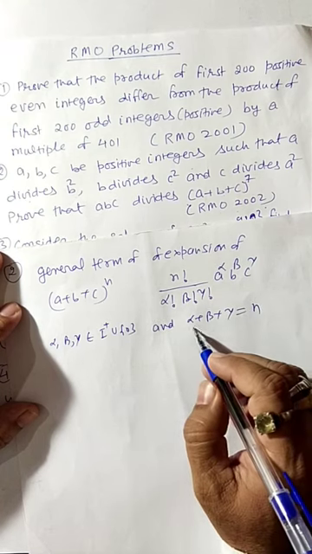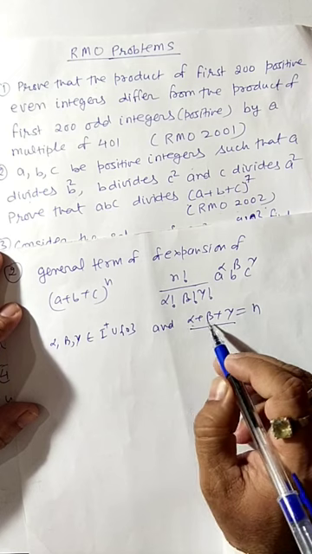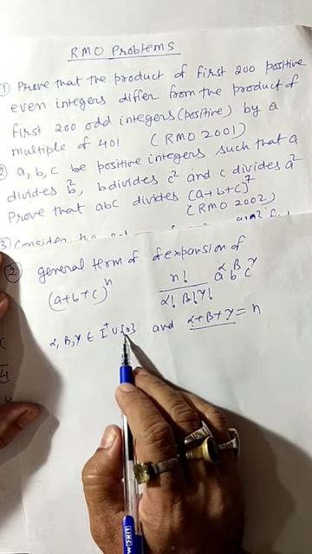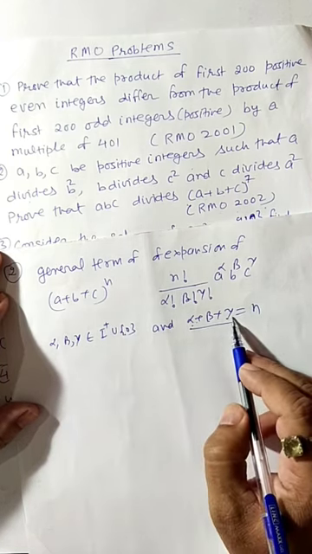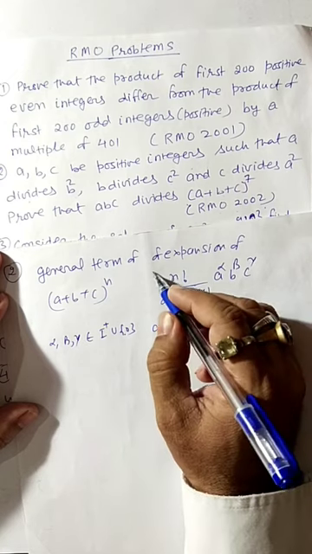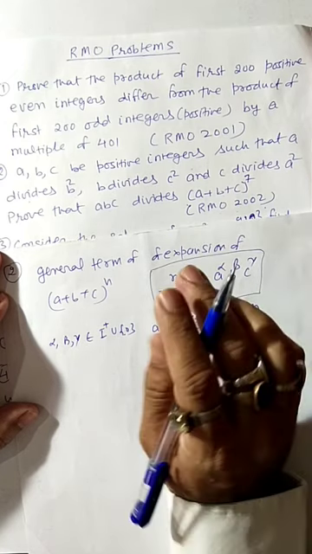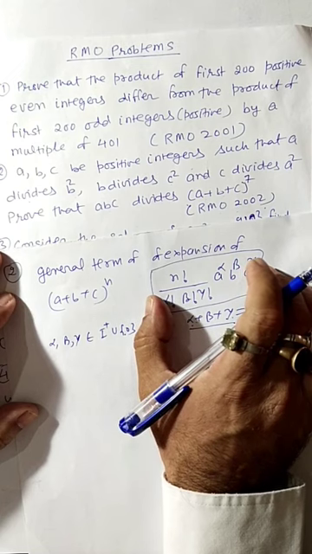Means we can take different values of alpha, beta, and gamma, which are positive integers or 0, with their summation equal to n, and put them in this general term. We can get different terms of the expansion.